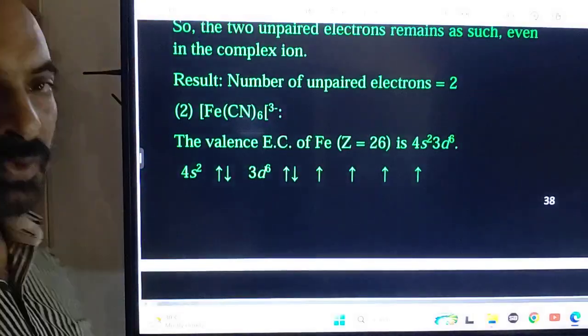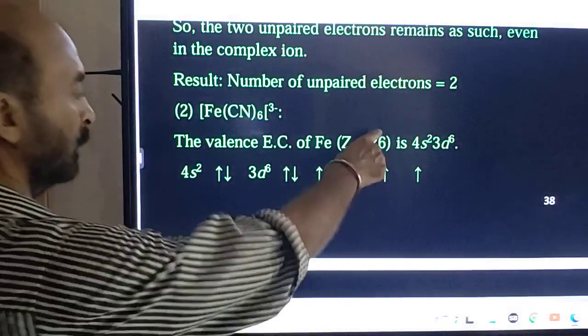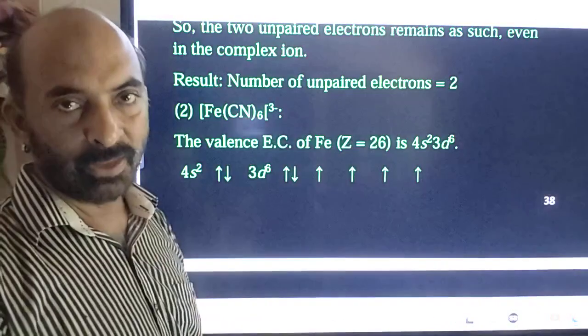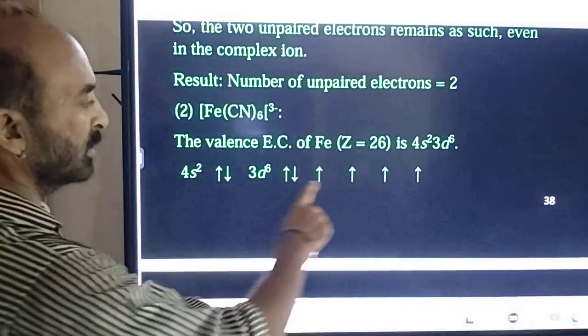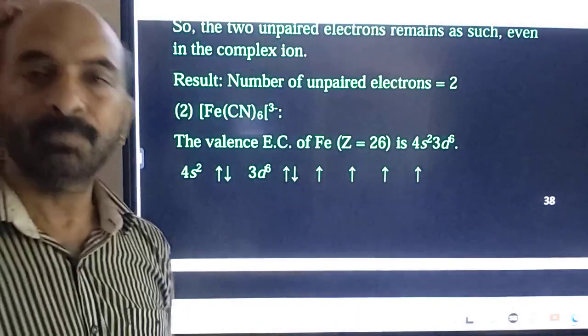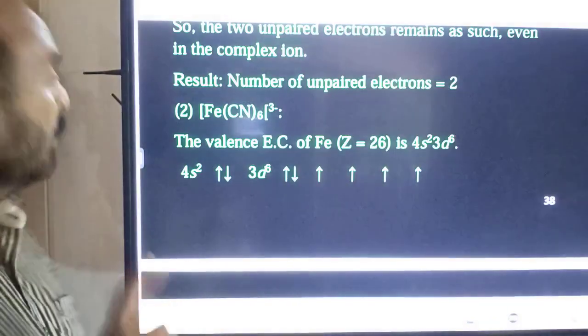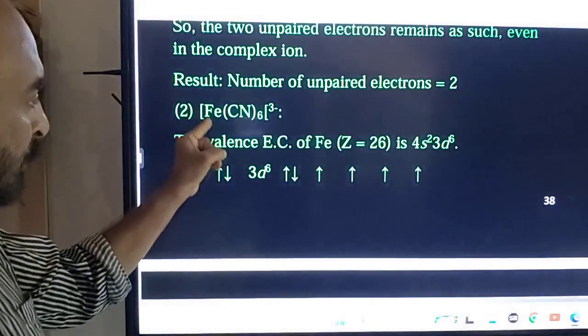Next case. First we have to start from the iron atom, with atomic number 26, one electron more than that of manganese. So you have to pair up one more electron in the d. So its valence electronic configuration is 4s2 3d6. Now in the complex, as in the previous case, iron will be in the +3 state.